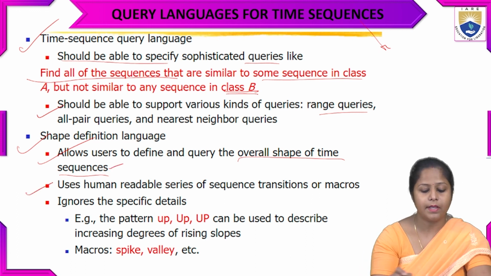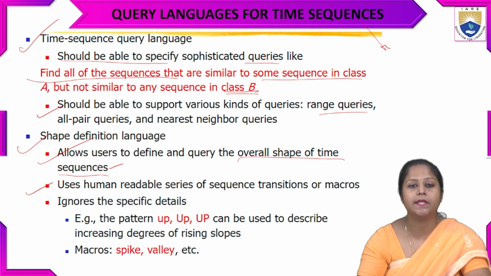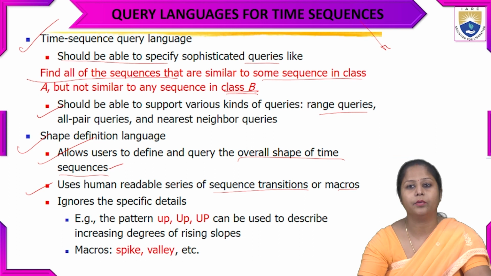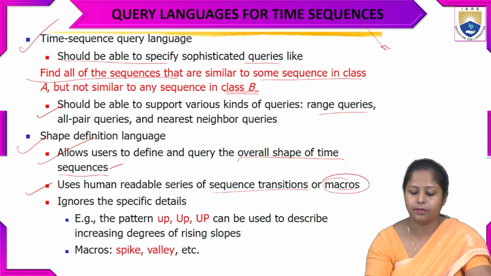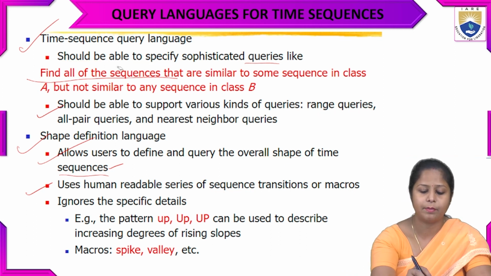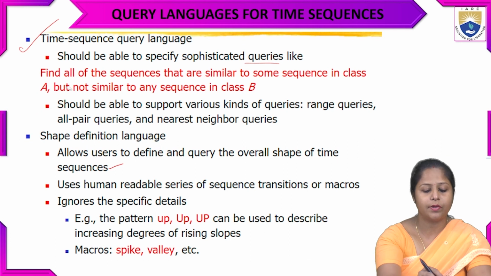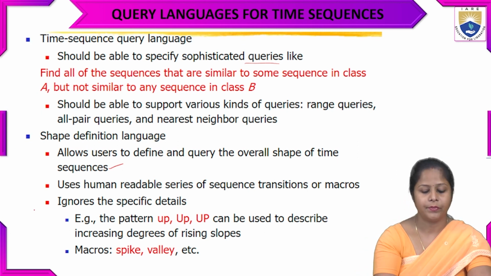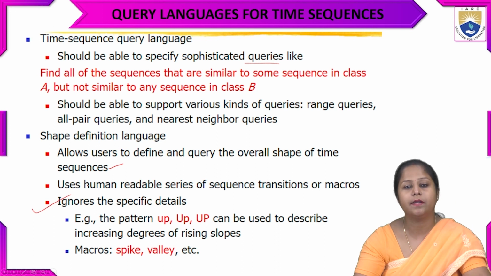Then we use a human readable series of sequence transitions, which we can call a macro. So the sequence transitions are recorded as a macro, used for the human readable series of sequence transitions. We need to ignore the specific details.